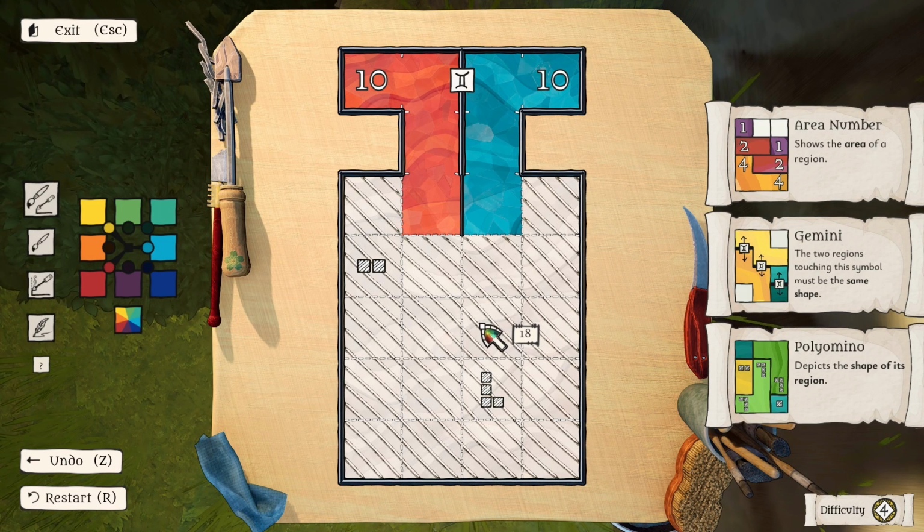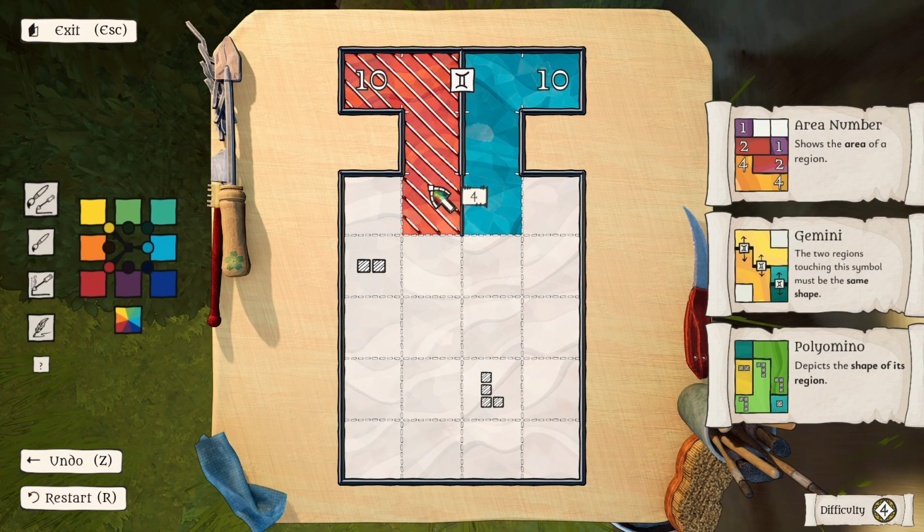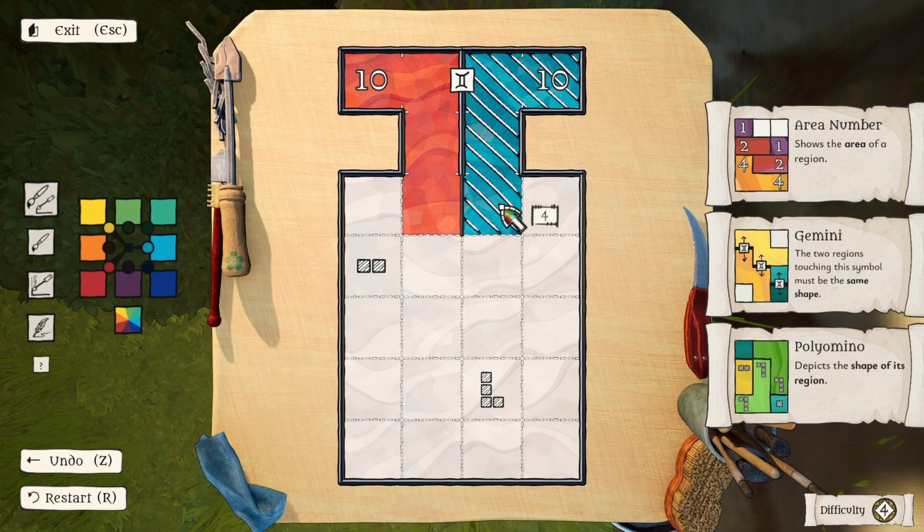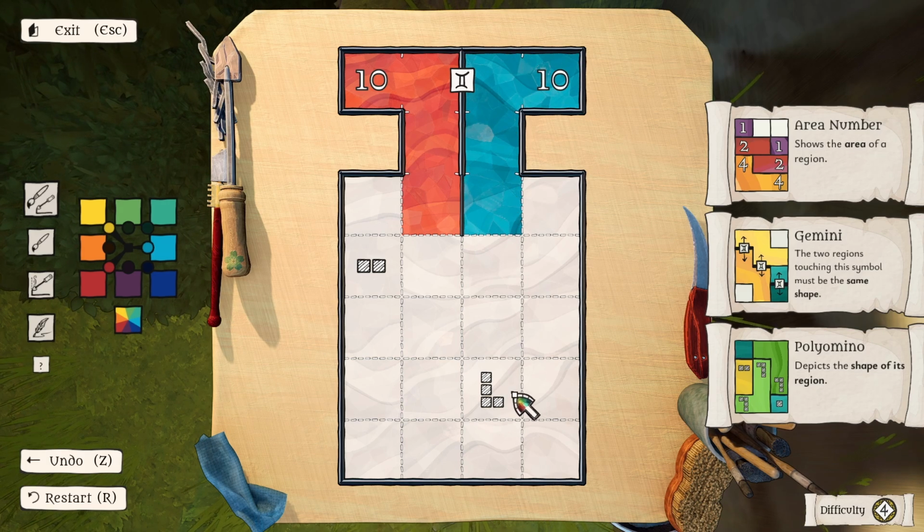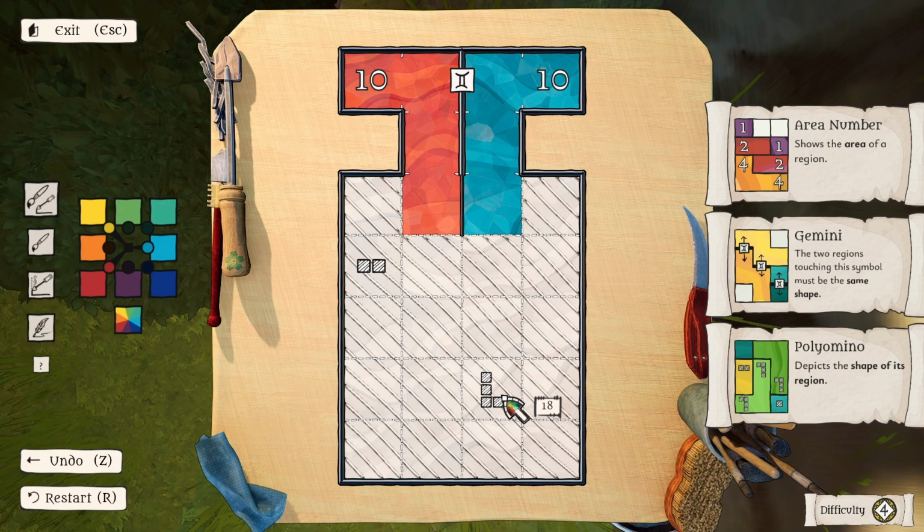That means there are 9 on each side. And each of these is a 4, which means they need 5. So 4 plus 5 leaves exactly the 4 remaining for this.